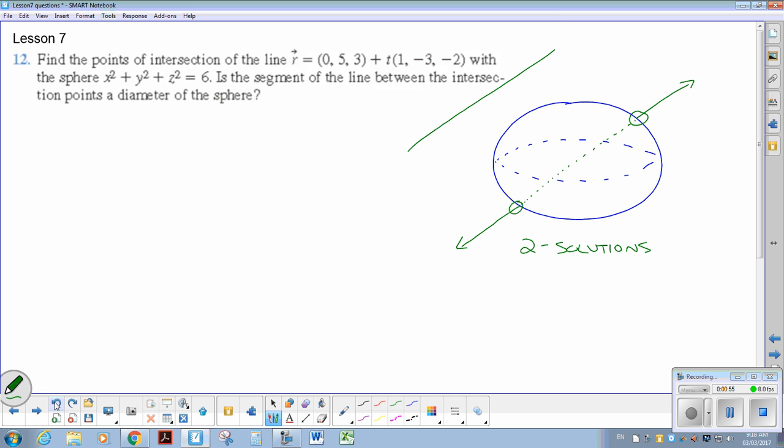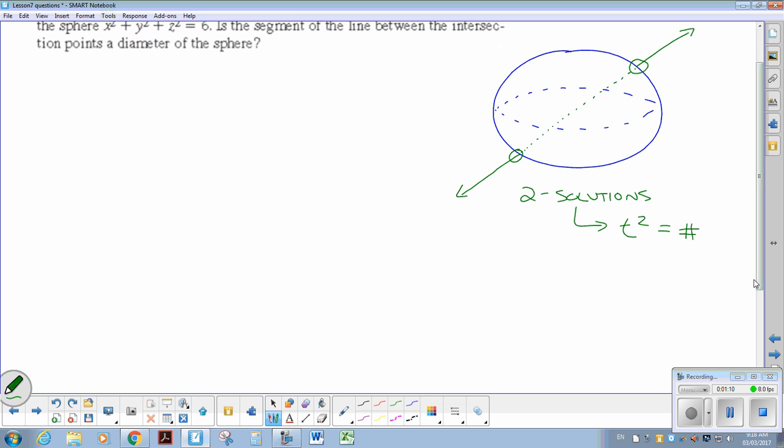So from matrices, keep in mind, we know that our possible solutions, so for 2 solutions, we should end up with a squared term. So we should end up with t squared equals a positive number. If it was 1 solution, we would end up with t equals a number.